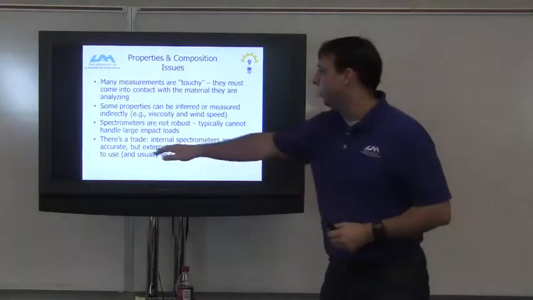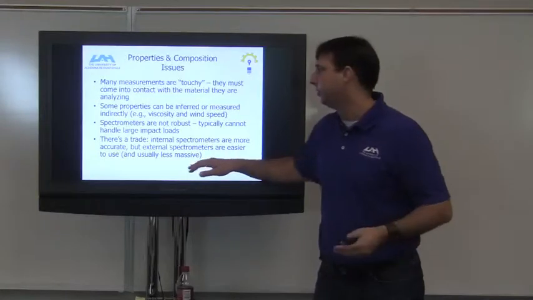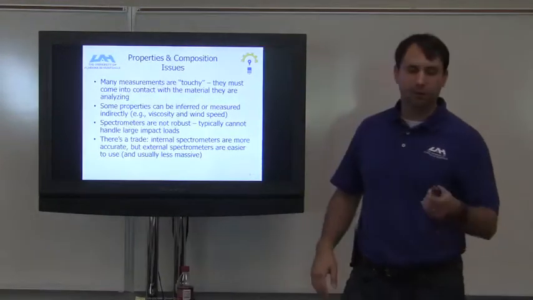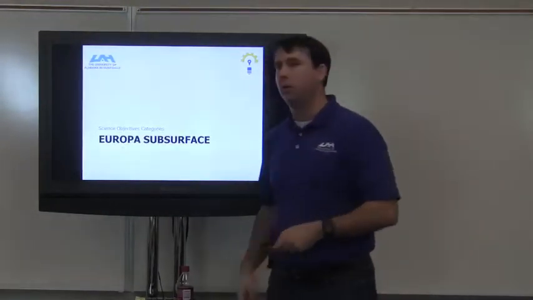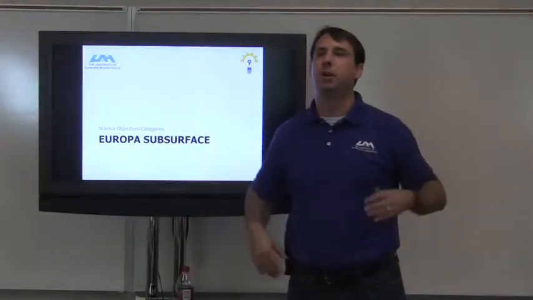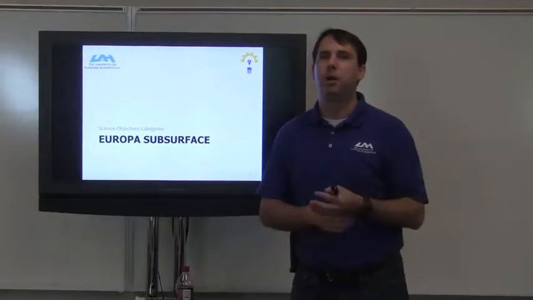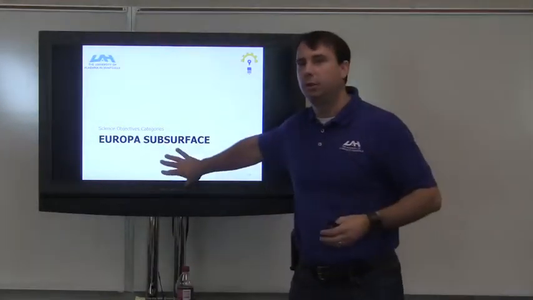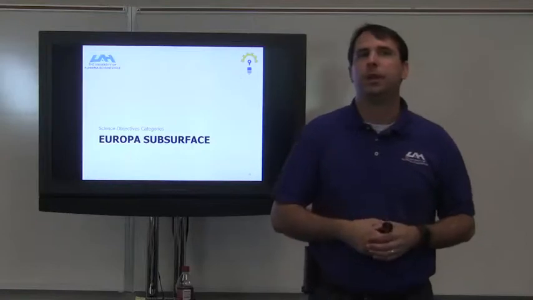There's a trade. Internal spectrometers are more accurate, but external ones are easier to use and usually less massive, like I just said. So, properties and composition in a nutshell. All of your measurements are going to deal with properties and composition, unless you do internal structure, which is a little bit different. We'll talk about that in a minute.